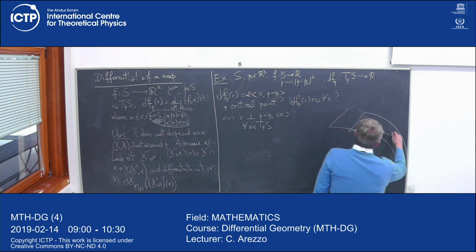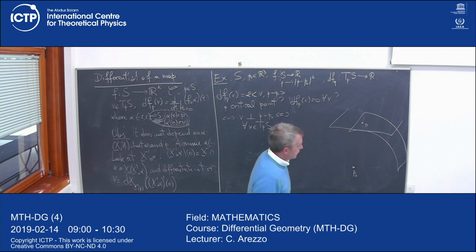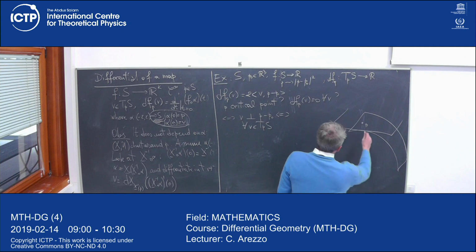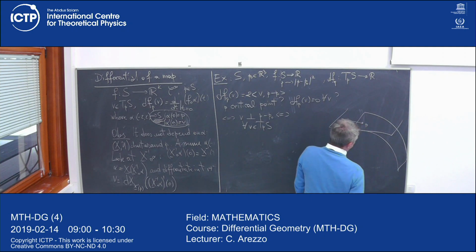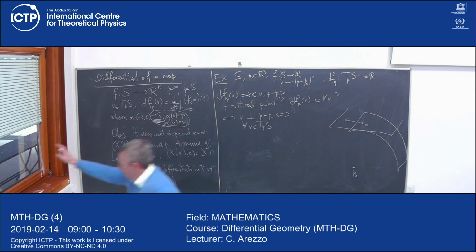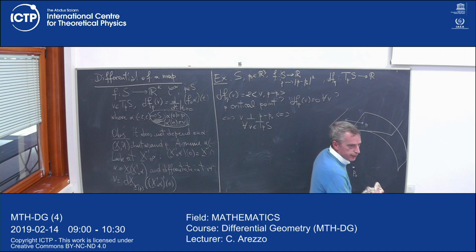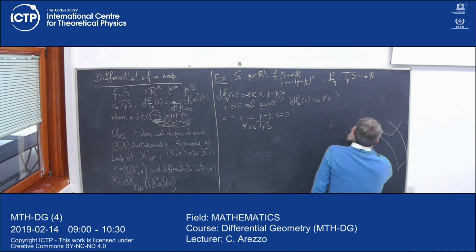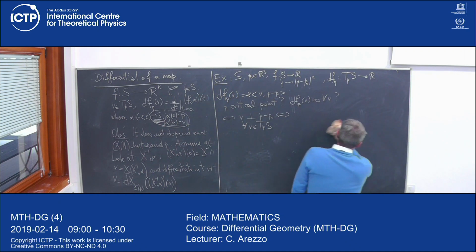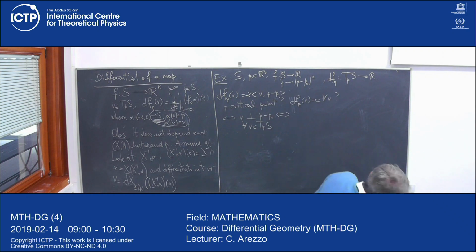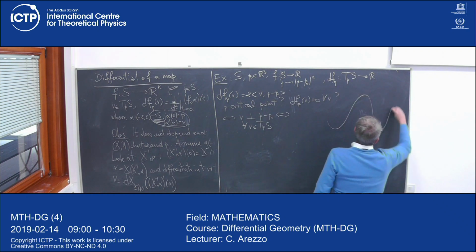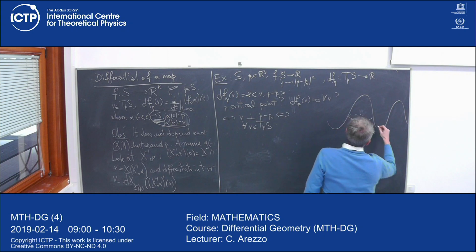Well, I imagine I know the tangent space at this point, and so what this is saying is that any vector here... unfortunately I drew a very bad picture because this looks like a sphere. I mean, on a sphere, of course, every point is a critical point. So if you want to draw a meaningful picture, you have to draw something very different from the sphere. So suppose your surface is something like this.